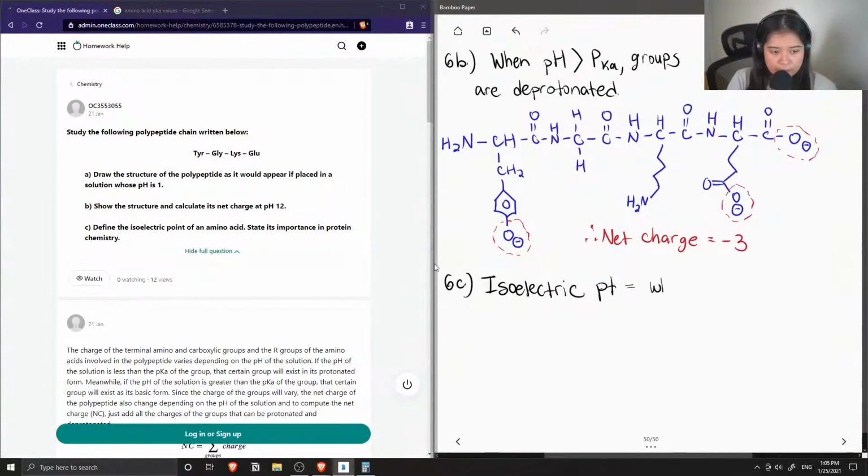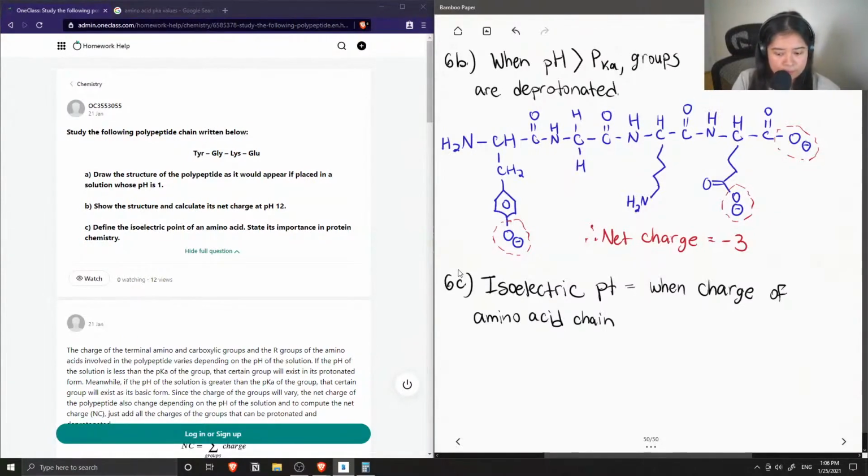This is when the charge of your amino acid or amino acid chain is neutral.